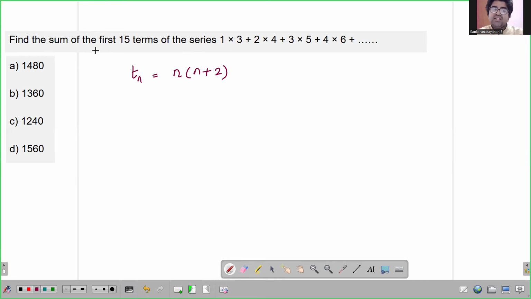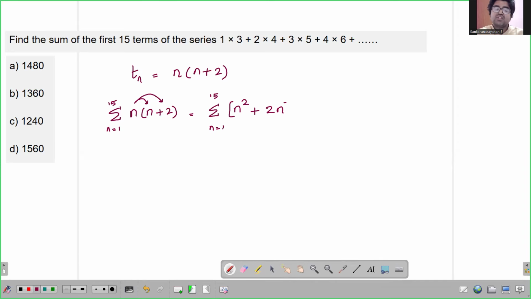So you are asked to find the sum of the first 15 terms, which means you are asked to find sigma n equals 1 to 15 of n into n plus 2. This is what you are asked to find. So taking this n inside, this is nothing but summation n equals 1 to 15 of n square plus 2n.